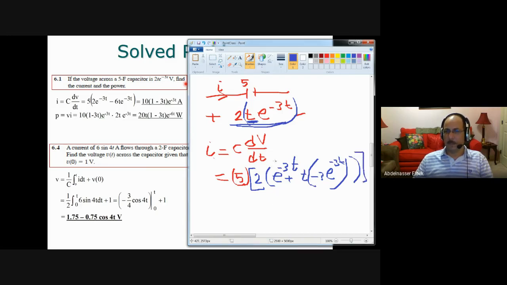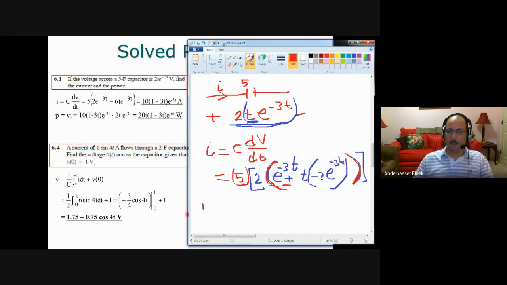So this is the first term, whereas the second term is this one here. Then you can just add these two: e to the power of negative 3t minus 3t e to the power of negative 3t, and this will give you the current.